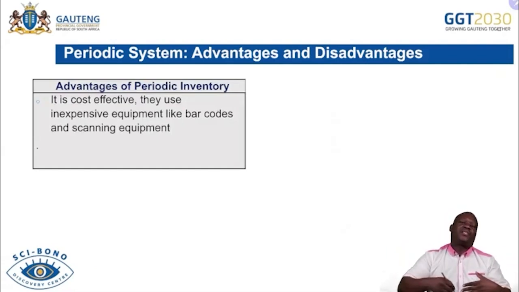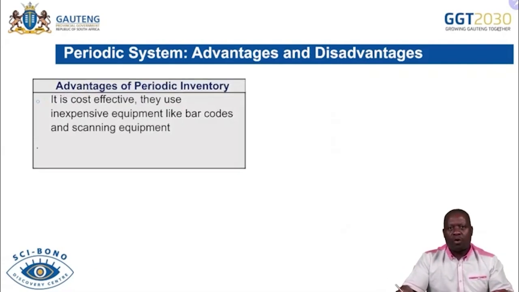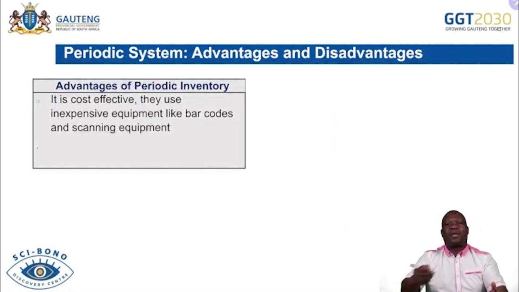We wait until the end of the quarter of a year or half a year to go into the warehouse and into the shop and do a physical stock count. So that's where we check what do we have. But during the period, there is no continuous updating. So because of that, it is less expensive. We don't need things such as barcode scanners as well as other scanning equipment.